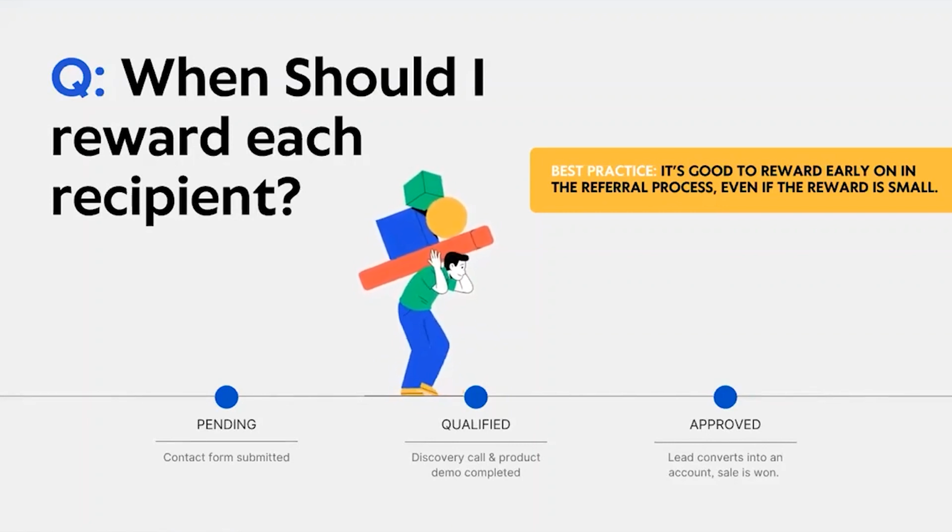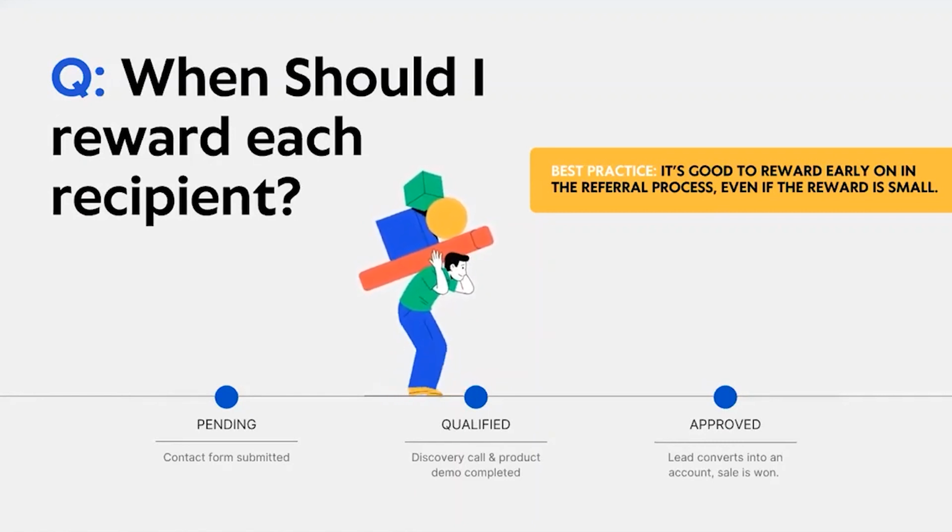Maybe they've signed a contract, but they haven't paid, or attended a demo, sort of an in-between stage. And approved typically would be that final stage in the sales process. So if you are a Referral Rock user, using the qualified status can be effective, like I said, especially if you have a long sales cycle. Of course, we want to make sure that member stays motivated to continue sharing.